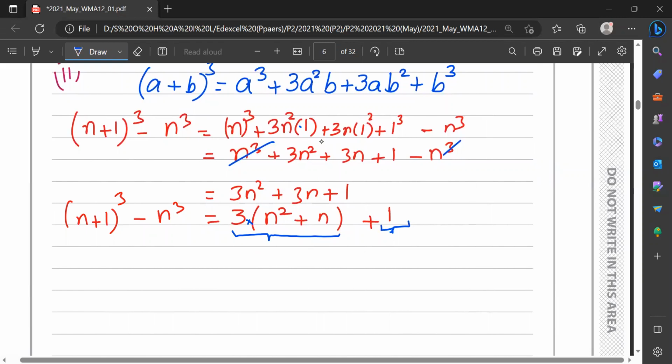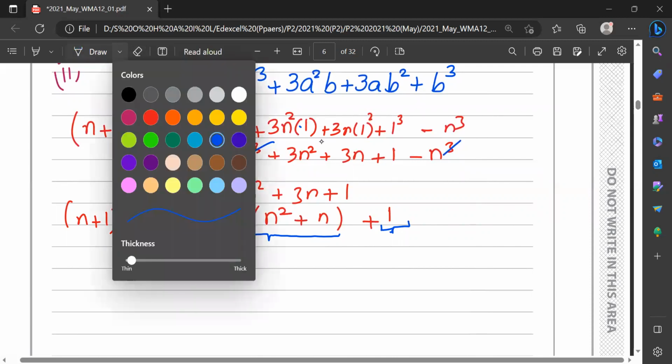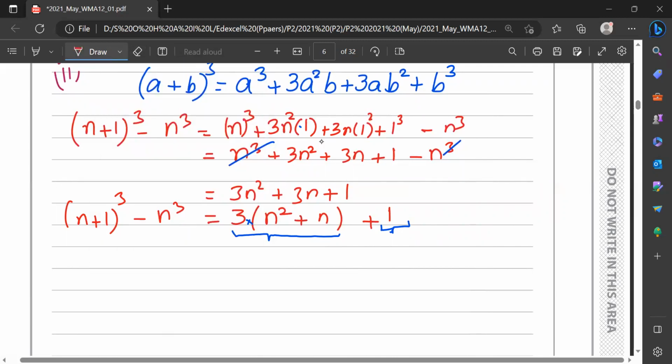So this is a multiple of 3 and this is not. If one is a multiple of 3 and the other is not, this sum is not a multiple of 3. Or you can say this is one more than a multiple of 3, but simply you can say this is not a multiple of 3.